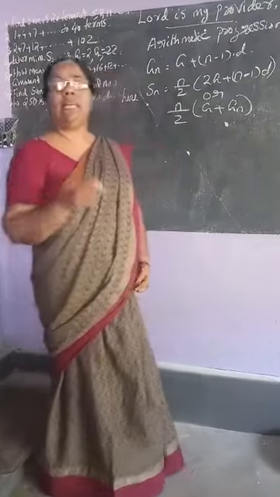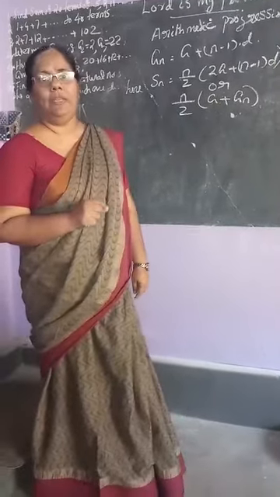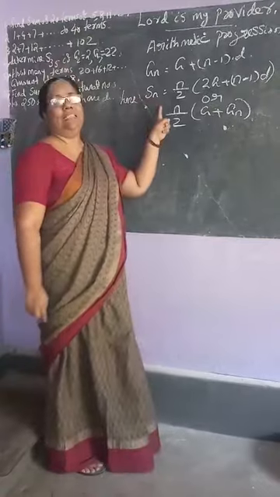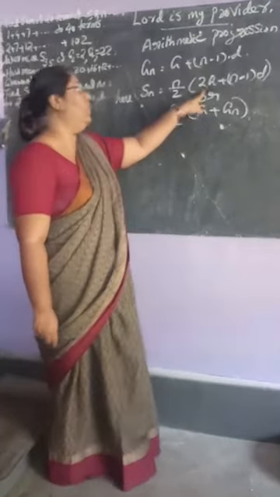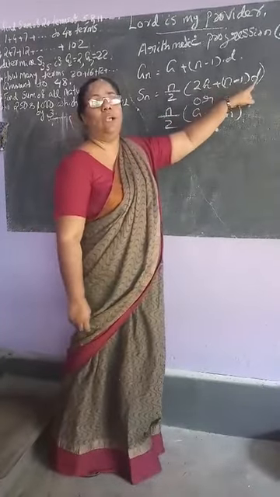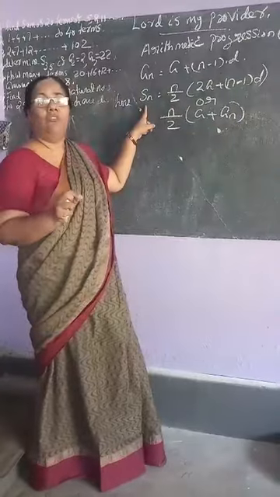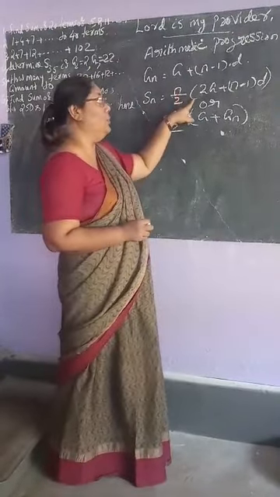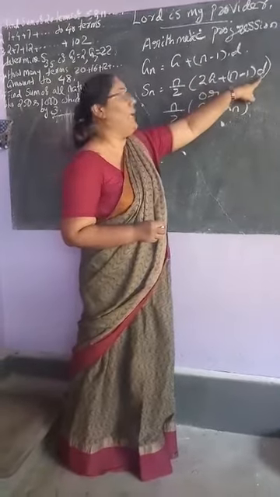Today I am discussing the topic sum of n terms of an arithmetic progression. Sn, the sum of n terms of an arithmetic progression, is equal to n by 2 into 2a plus n minus 1 into d.